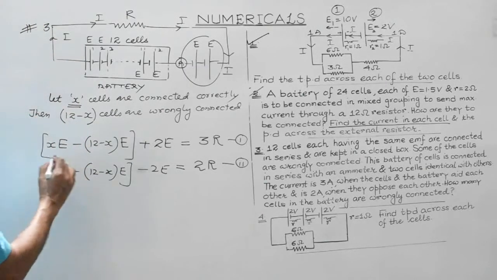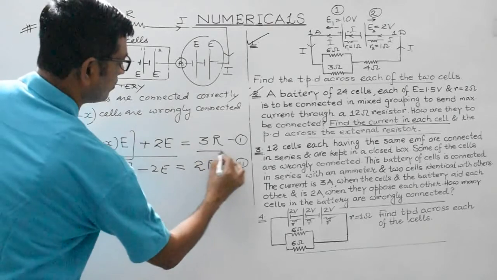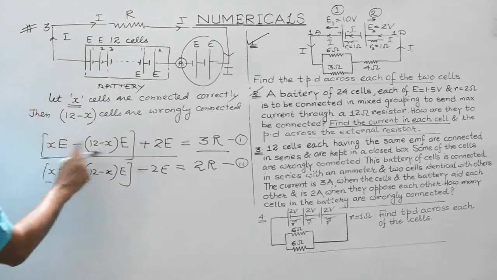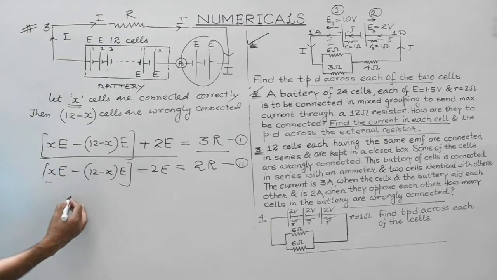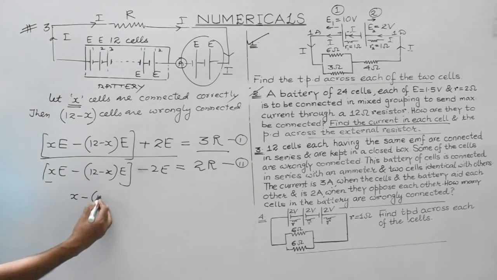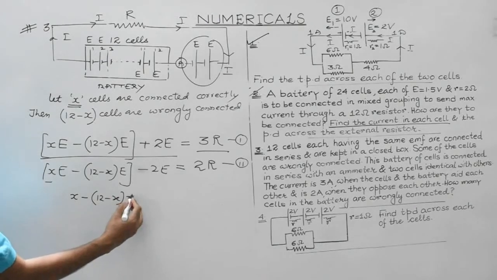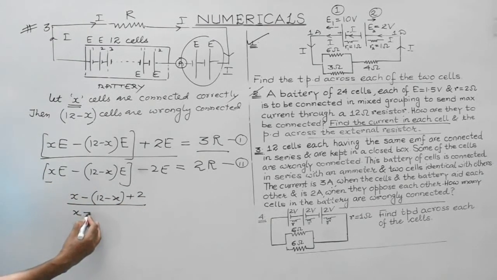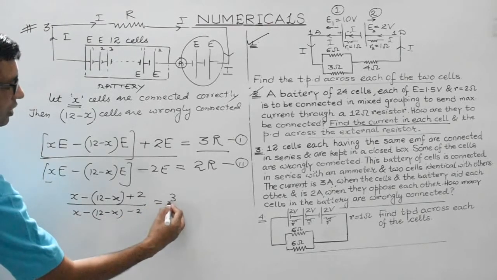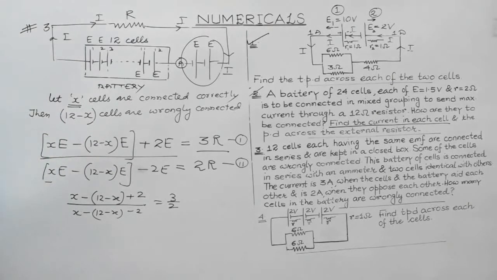What to do is, let's divide these two equations. E is common in both numerator as well as denominator. So we'll be left with X minus 12 minus X plus 2 divided by X minus 12 minus X minus 2, and over here we will get 3 by 2. Clear, students? Okay, let's keep on solving it.